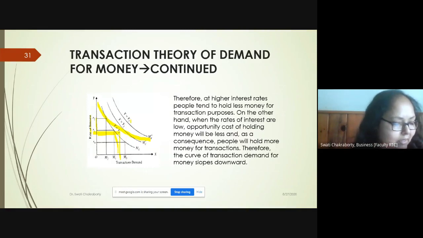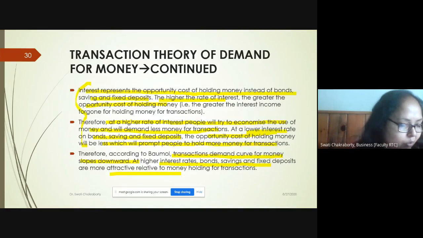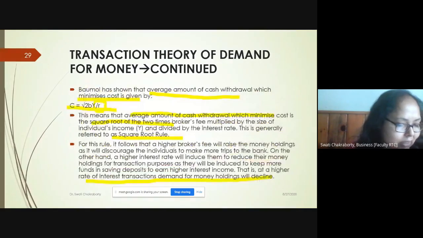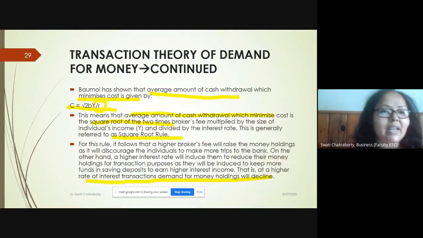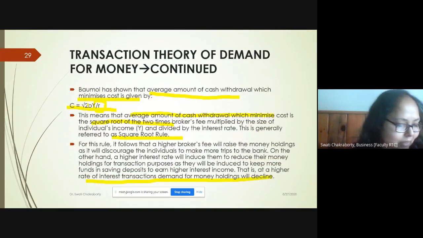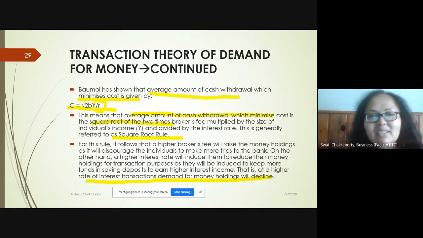And if you look into the square root formula that we have, what do we see? That the optimum money holding for transactions increases, right? But it increases less than proportionately to the increase in income, because it's a square root. It's increasing, but at a lesser proportion. It's not increasing at the same rate.